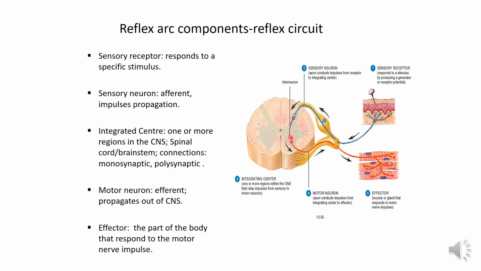Then the integrating center, which includes the anterior horn cells present in the spinal cord or in the brainstem motor nuclei, and the efferent or motor neuron supplying the effector organ. That is the component of any human reflex.